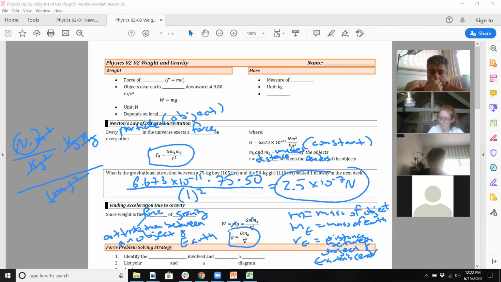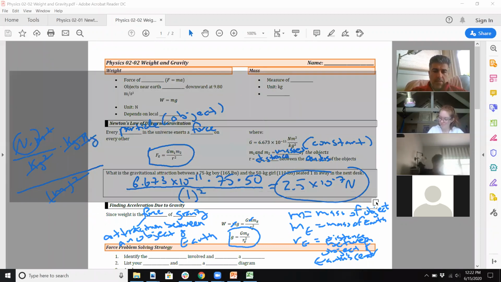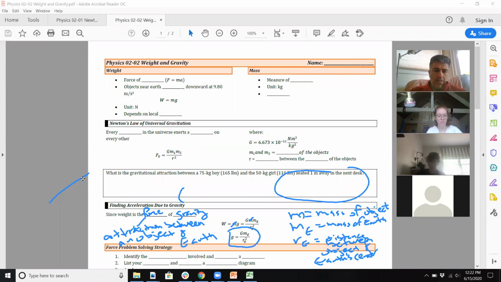If you go through that computation, you have 6.673 times 10 to the negative 11, times the mass of the Earth, which I don't know, so I have to look it up.